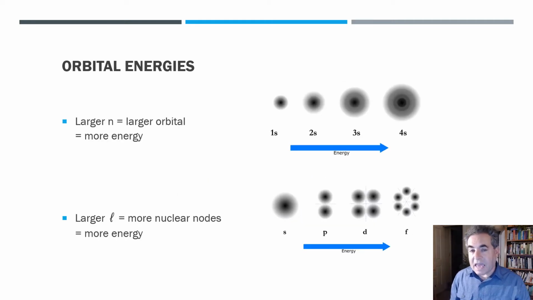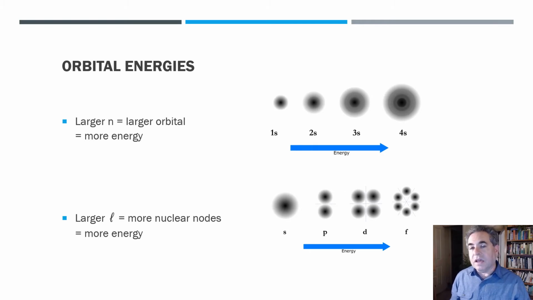Now remember that n controls the size and the energy of an orbital. The bigger n is, the bigger the energy is. That's because you've got a larger orbital when you have a bigger n. So when you have n equals 1, you have a fairly small orbital, and the electron can get close to the nucleus. Now, anytime that you've got the electron close to the nucleus, the energy is lower.